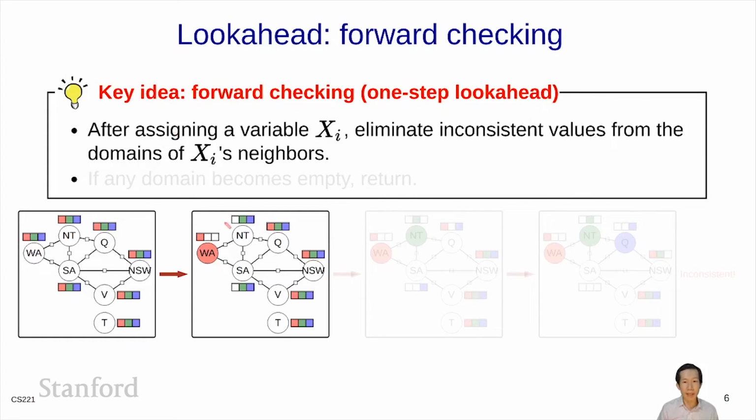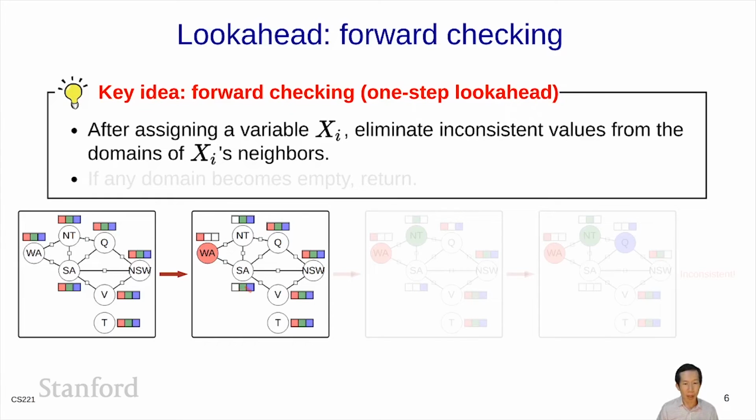So we're going to eliminate the inconsistent values from the domains of xi's neighbors. In this case, we're going to look at the neighbors of WA, which are NT and SA, and we're going to remove red from those domains. And why is that? Because this factor says that, well, if this is red, then this can't be red. So red is gone now.